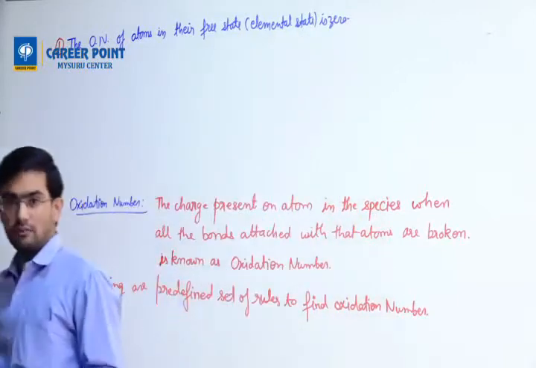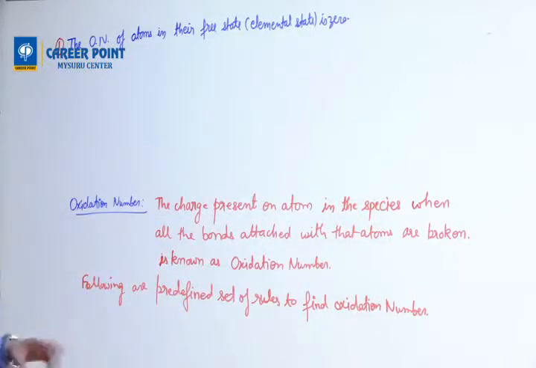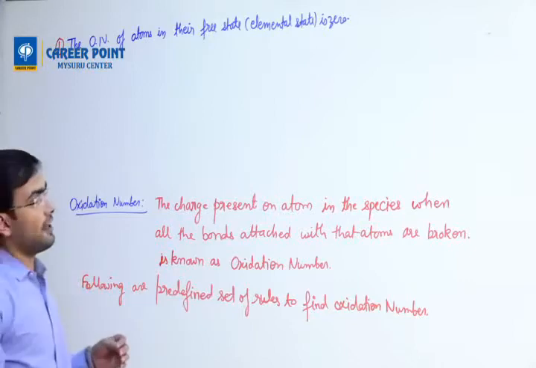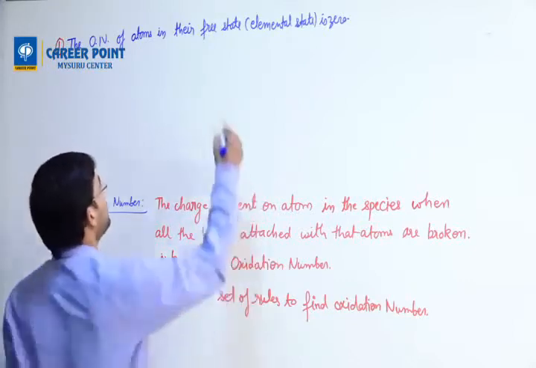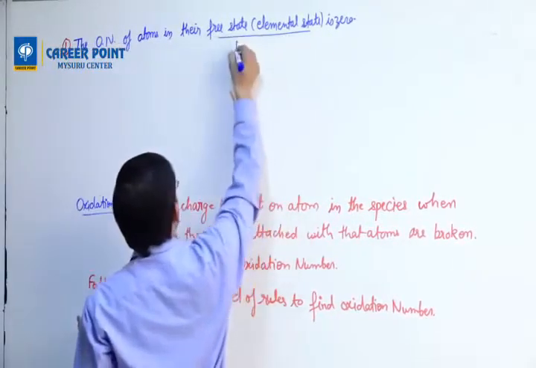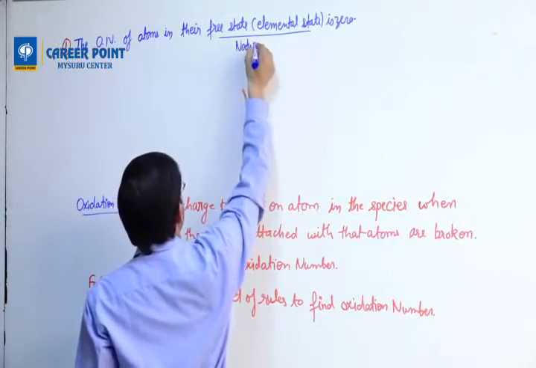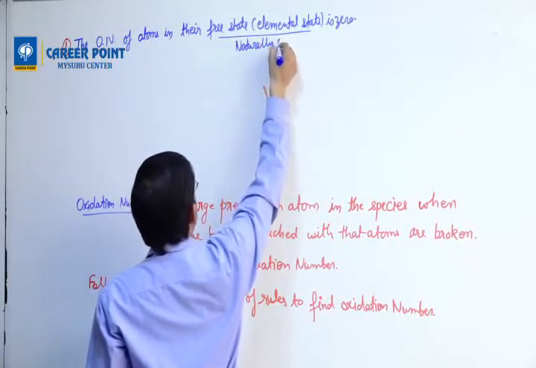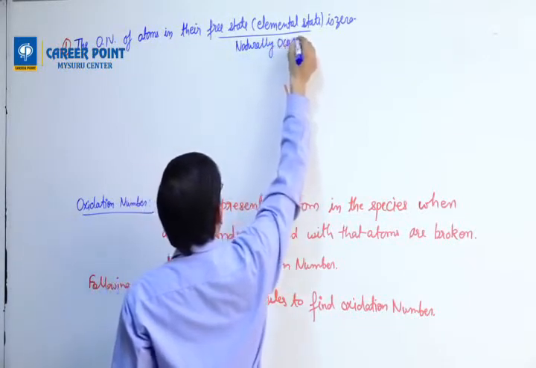The free state or elemental state is also known as the naturally occurring state.